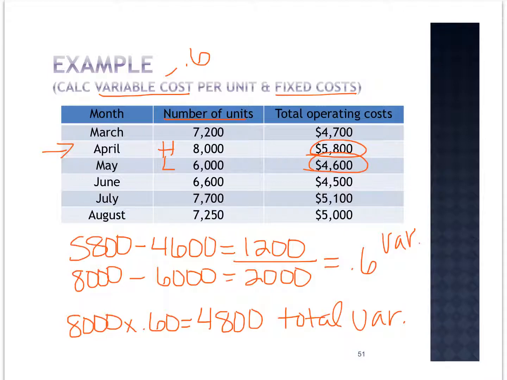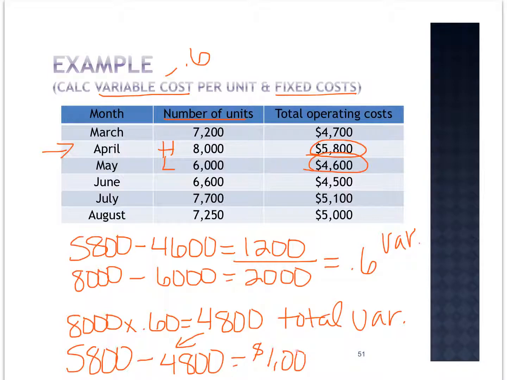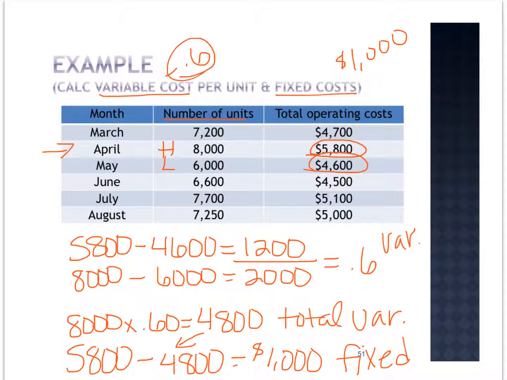So we merely take the cost at the 8,000 level, which is 5,800, and we subtract off the total variable of 4,800 to arrive at fixed costs of 1,000. So thus our variable cost per unit was 60 cents and our fixed costs are $1,000.